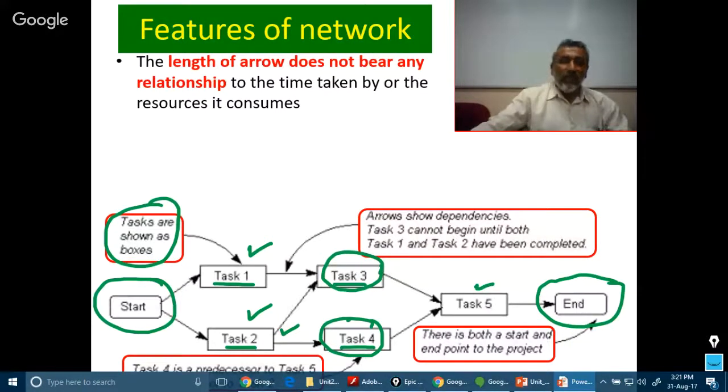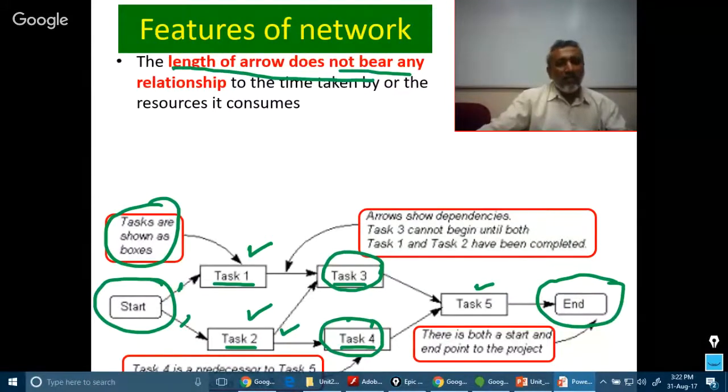There are certain important things to remember. The first one is that the length of the arrow does not bear any relation to the time taken. That means the length of this arrow does not give any indication about how much time is consumed.